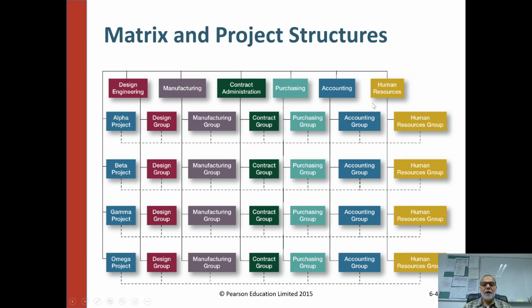And then people are working on projects like alpha project, beta project, gamma project, omega project, etc. These people are taken from the functional departments, like the design group, manufacturing group, contract group, purchasing group, accounting group, and human resource group, and they are working on alpha project. Similarly, the other groups are working on beta projects, and so on.